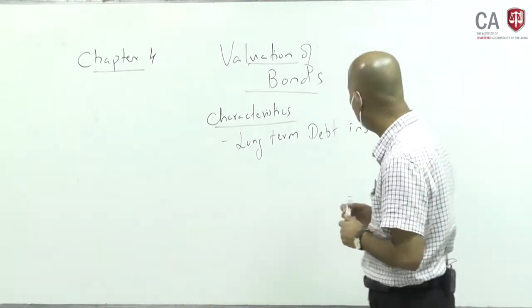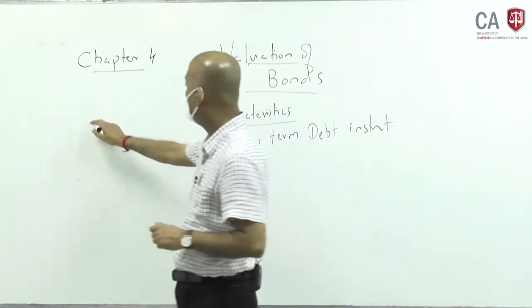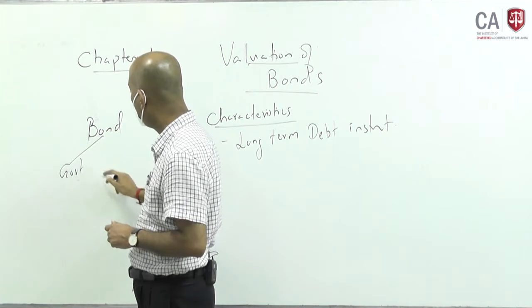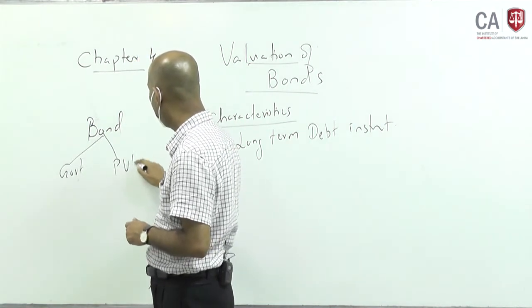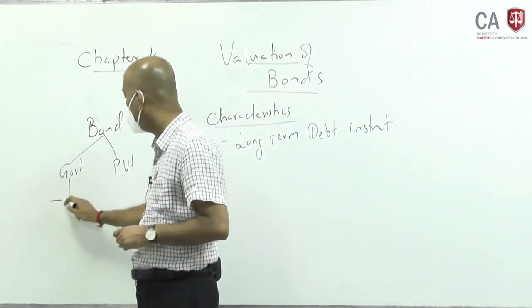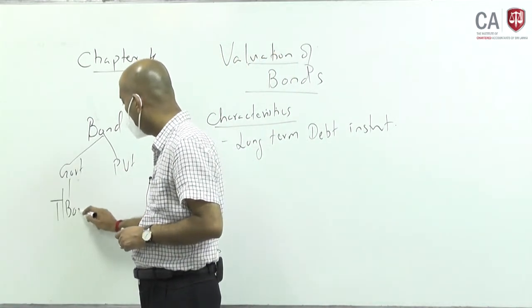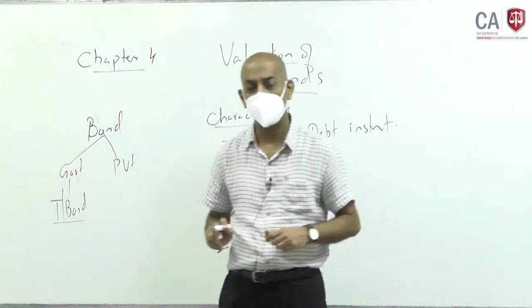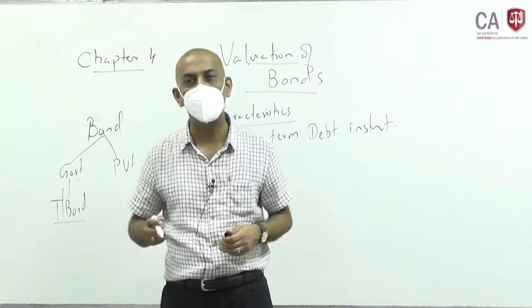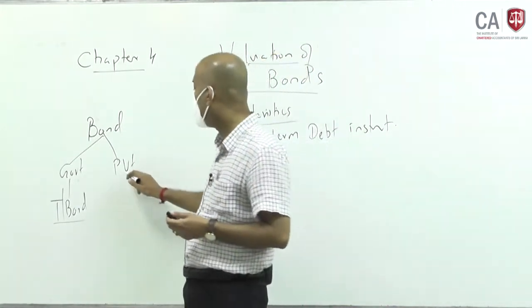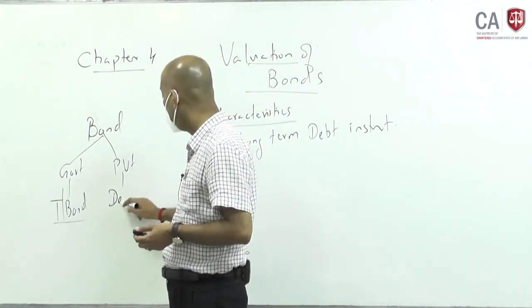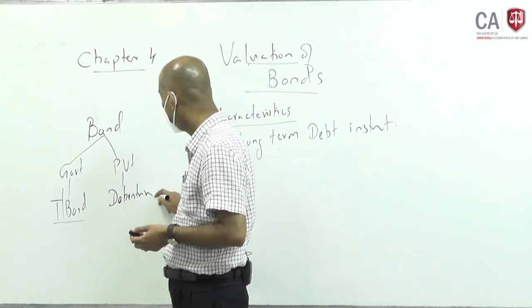So, when you take the bond, you can look at it from the concept of who are the people issuing. It can be government or it could be private. So, private sector or government. When the government issues, we call that a treasury bond. Similarly, the corporates, the private sector companies, larger companies also can issue bonds, but they generally use the word debentures, right.